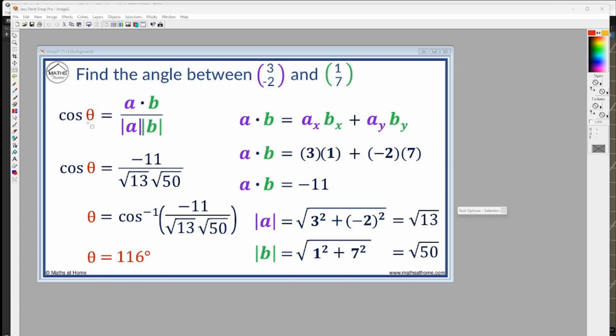And so we can actually calculate the angle by taking the arc cosine. Remember, if you take the arc cosine of this side, we're just left with the angle. So if we take the arc cosine of this formula, we will get the angle between two lines. So I wanted to look at that first so we understand that. And again, the dot product is really just the x components multiplied together plus the y components.